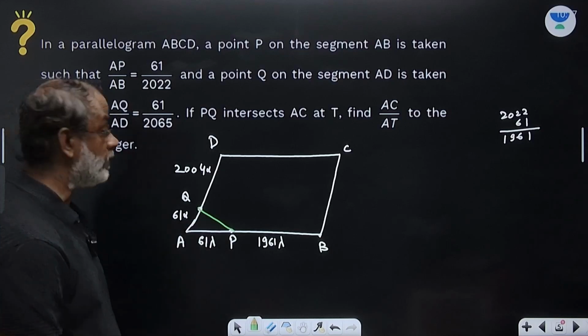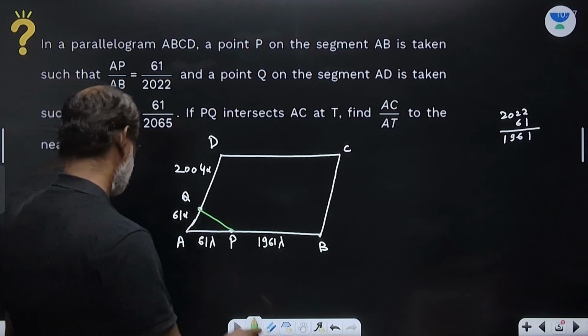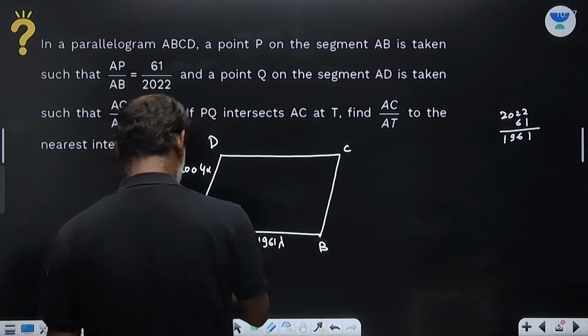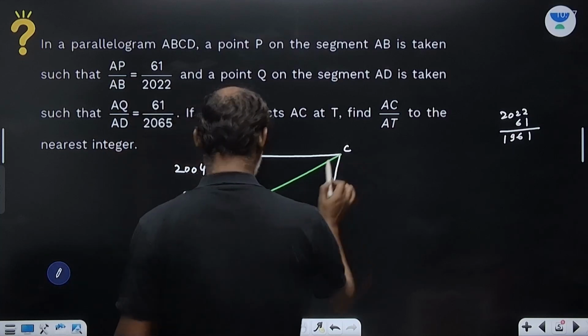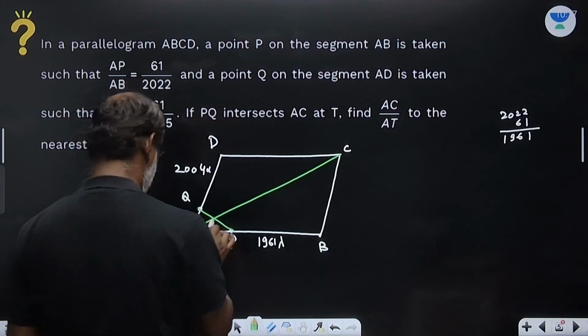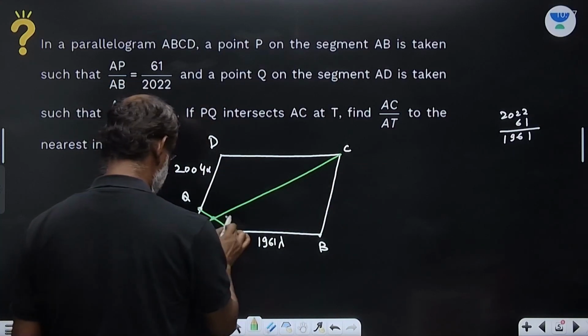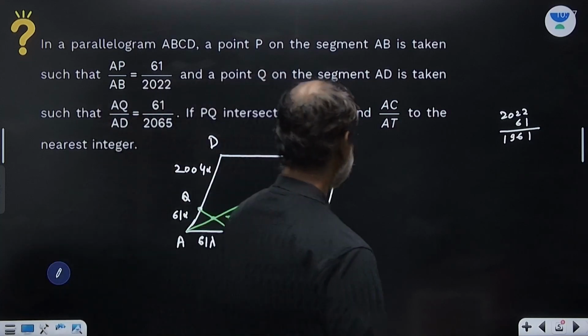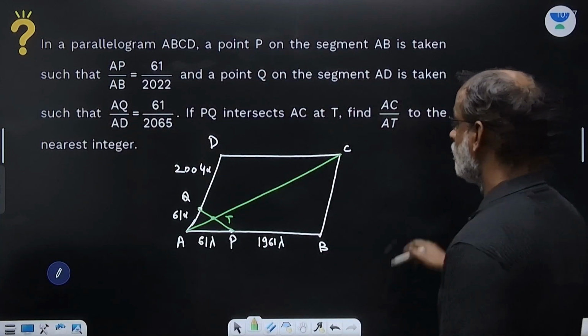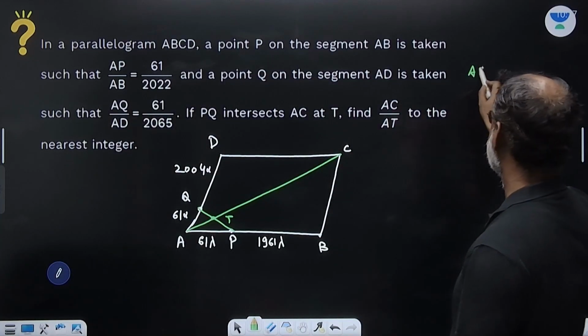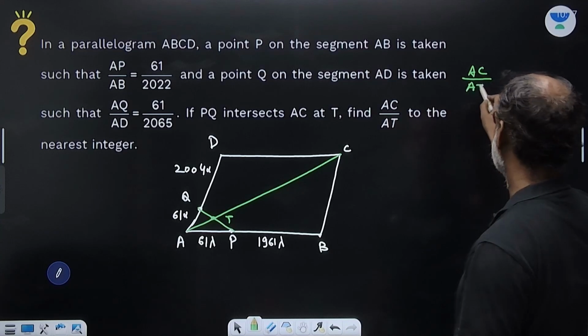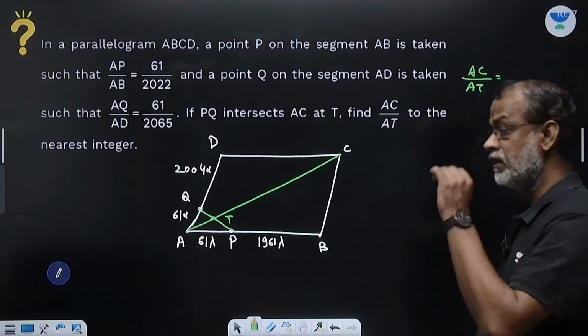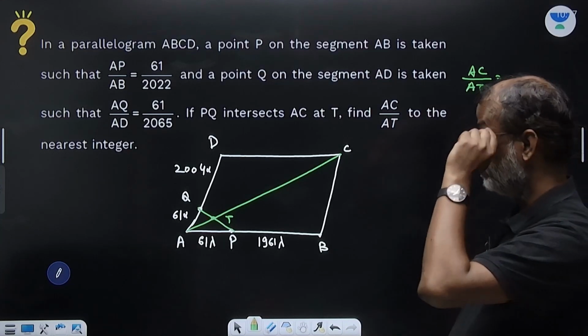This is the line PQ intersects the diagonal AC at T. So, we have to find AC by AT to the nearest integer. Okay.